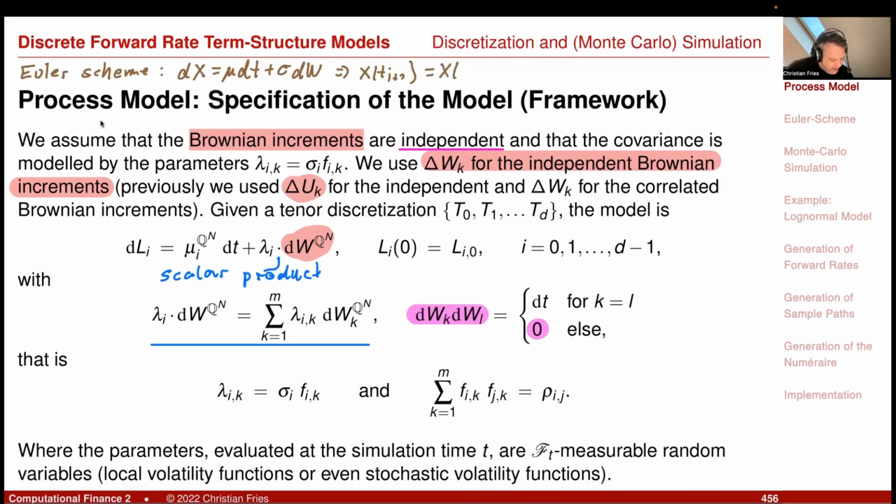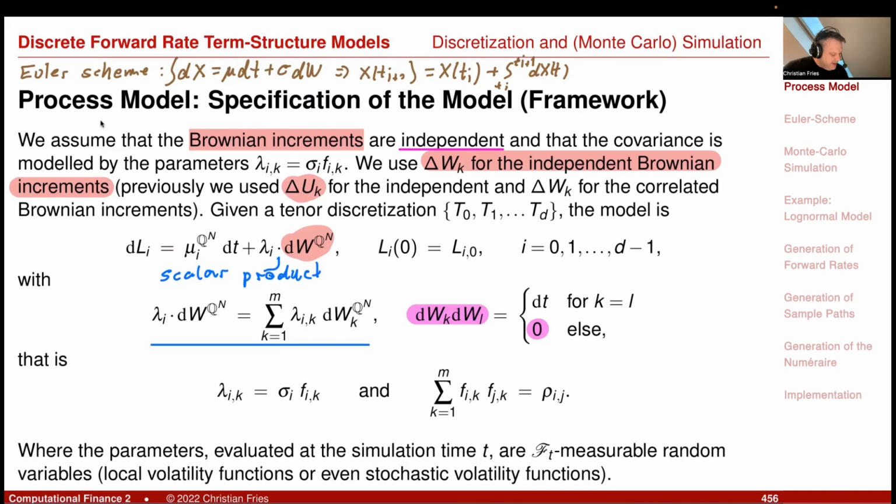So x of t_{i+1} minus x of t_i, and if you move that to the other side, x of t_{i+1} is equal to x of t_i plus the integral from t_i to t_{i+1} of the change, dx of t.